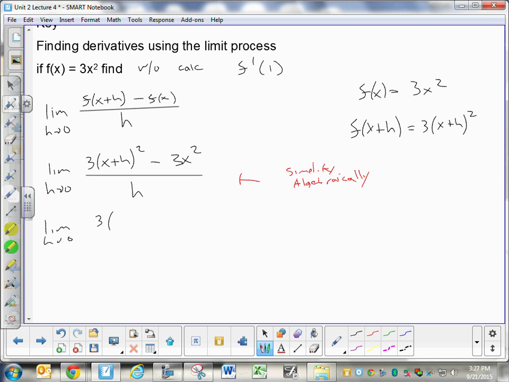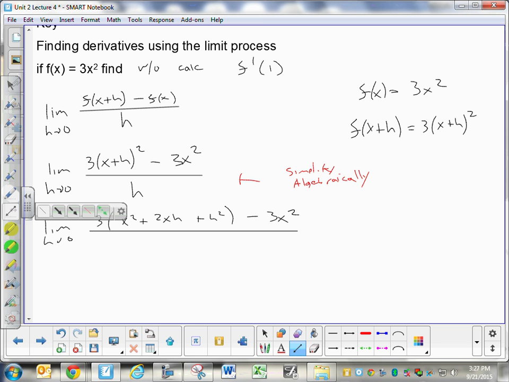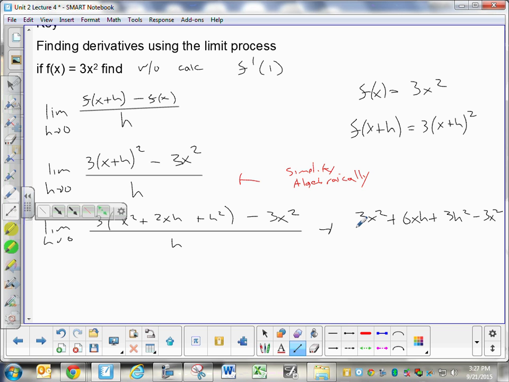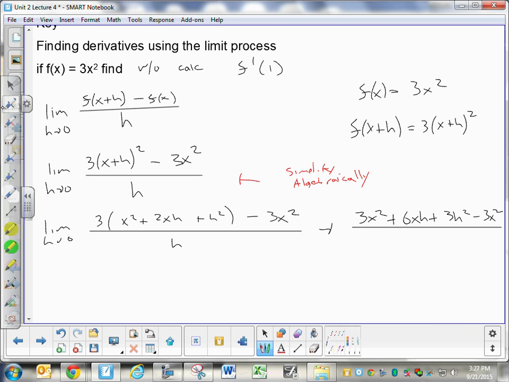Well, I've got to square the x plus h. That's x squared plus 2xh plus h squared. Divide it all by h. I have to distribute. What do I notice?